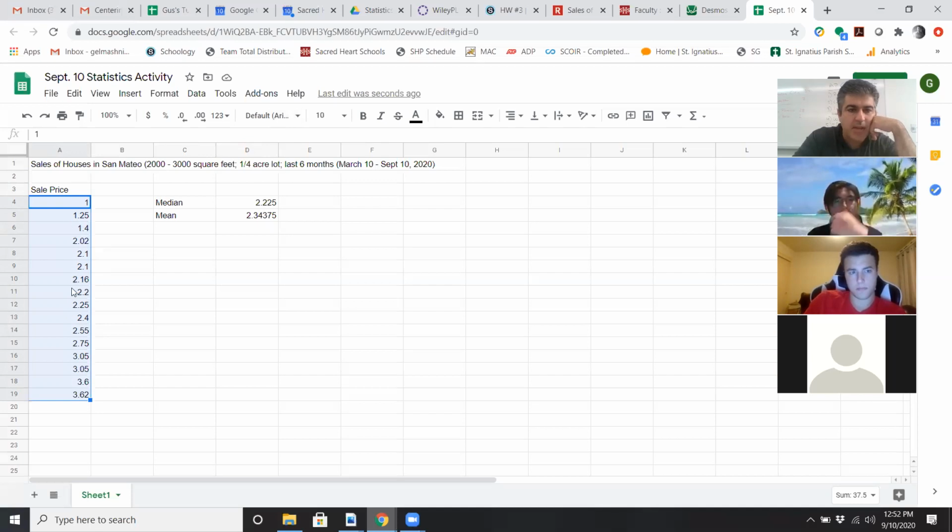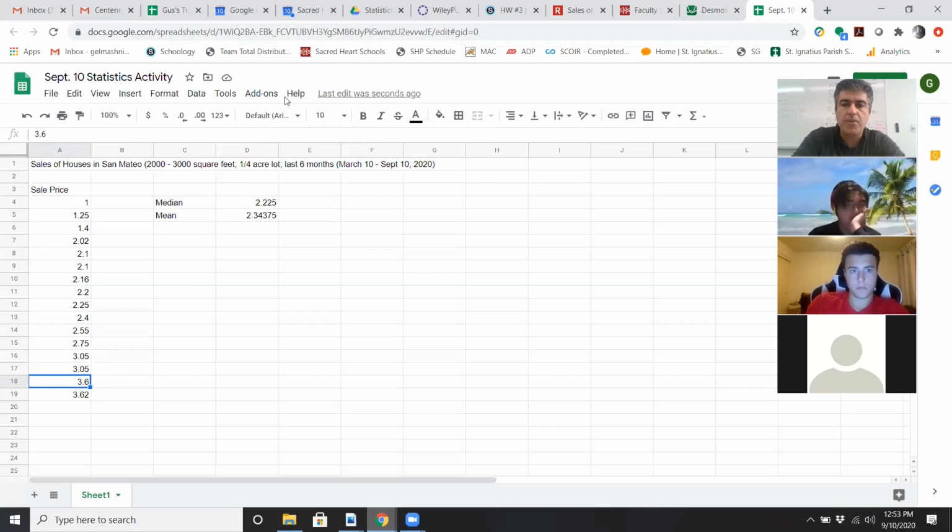As Will just said, if we have 16 homes, the 8th and 9th homes will be our median, so it's the average of those two. That's what Excel just did for us. Now, we do have some data points that are pretty high. There's a house that sold for 3.62 and a house that sold for 3.6. Those two very expensive homes pushed the mean a little bit more to the right.